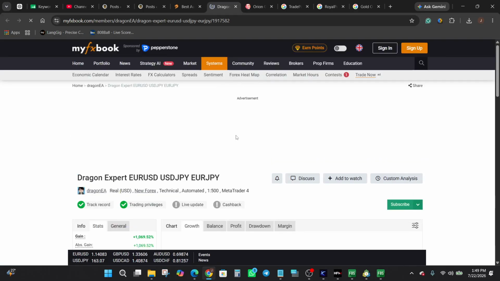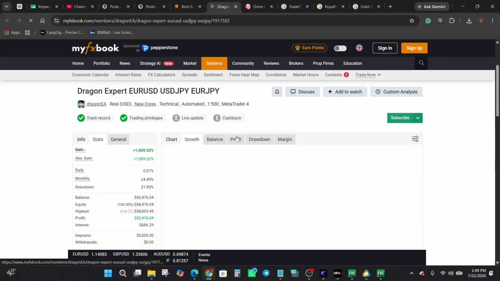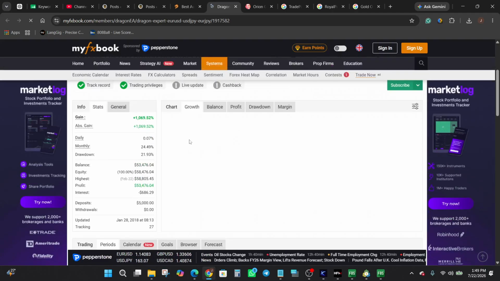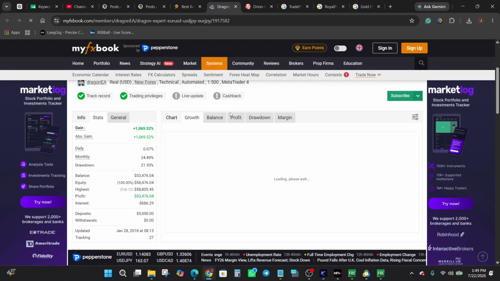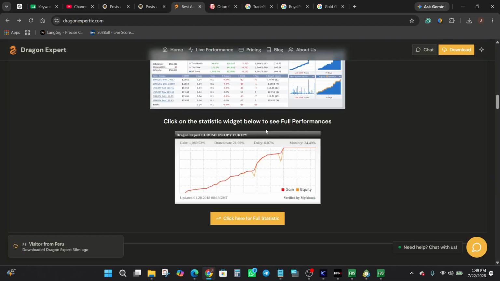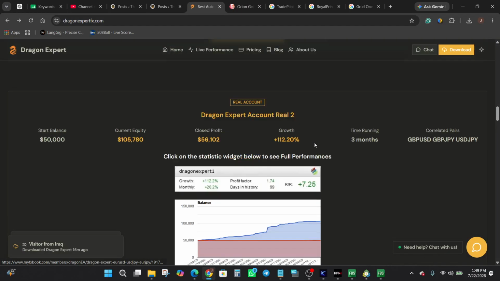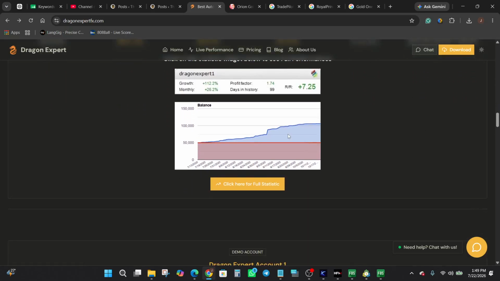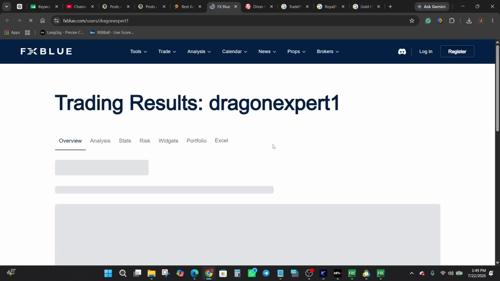This seems to be a MyFXBook report, and this is what I can see here. But remember to always approach such claims with skepticism. For real account 2, it started with a $50,000 balance over 3 months, reporting a 112.2% growth on the GBP USD, GBP JPY, and USD JPY pair combination.